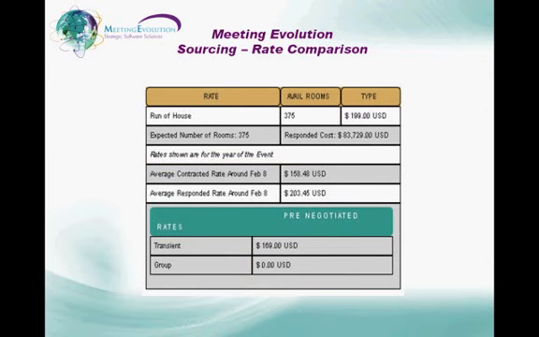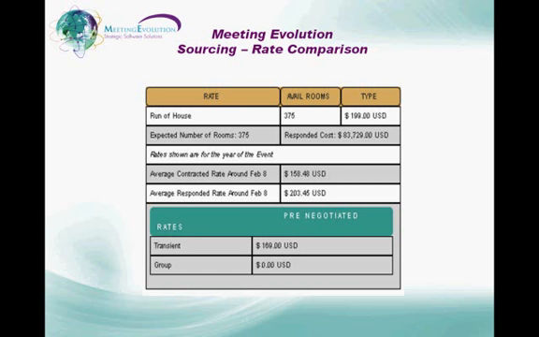Here's an example, kind of a zoomed-in view of a property's response. This includes the room rate that they're offering for this particular RFP, also bringing in an average contracted rate around that specific date at this hotel for your organization, including average response rate. Maybe other meeting planners within your organization are searching this same hotel for that same date range.